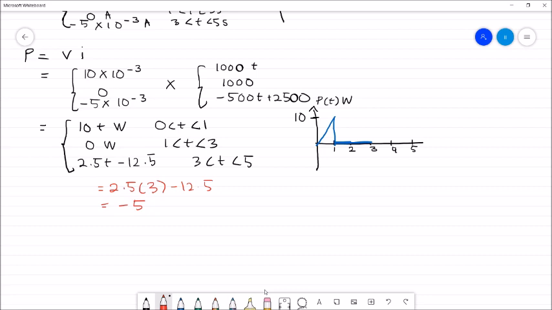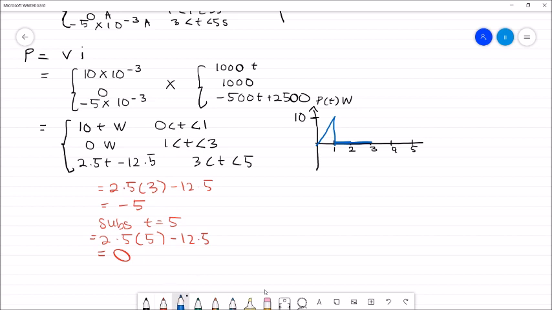And then substitute with 5, you will get 0.